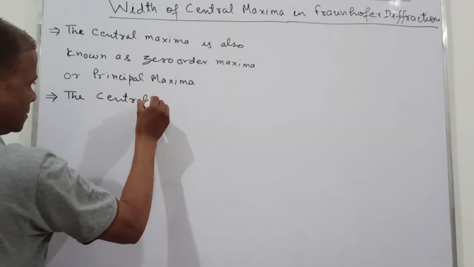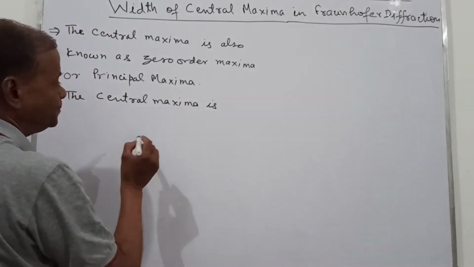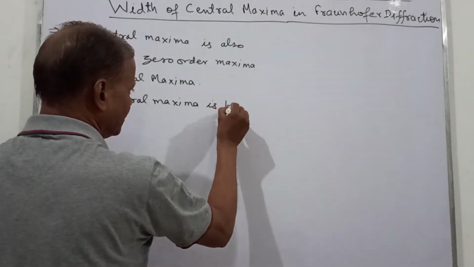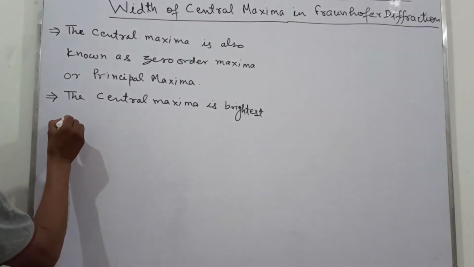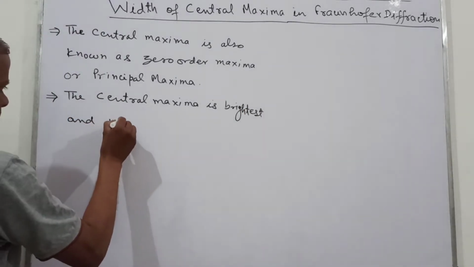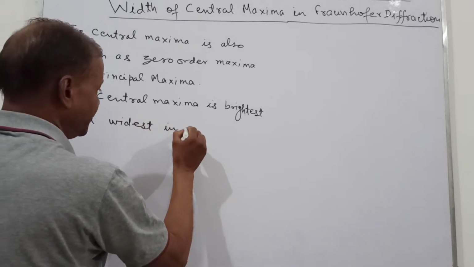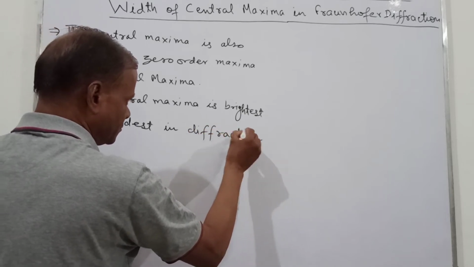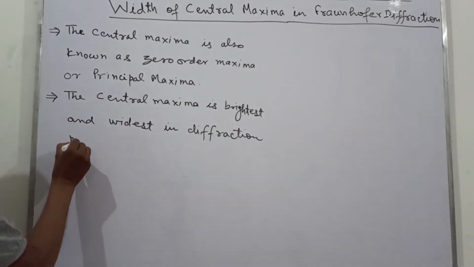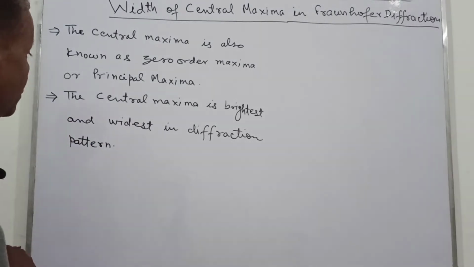The central maximum is brightest and widest in the diffraction pattern.